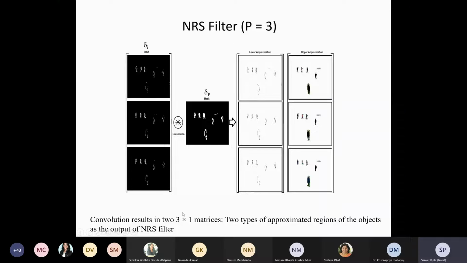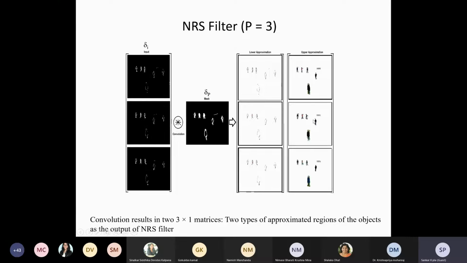So convolution results in 3 by 1 matrices, two types of approximate region of the object region of the filter. And from this lower and upper, I can compute the roughness. I can compute the velocity, that is the change of information from frame to frame. Similarly, the change of information, the change of location.